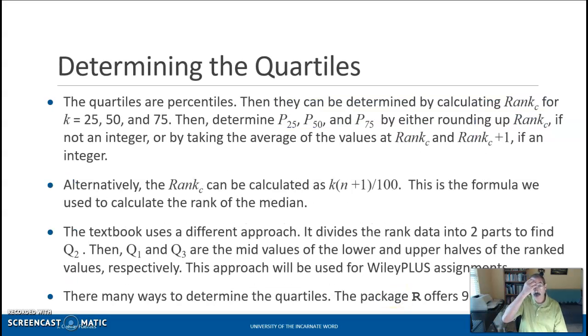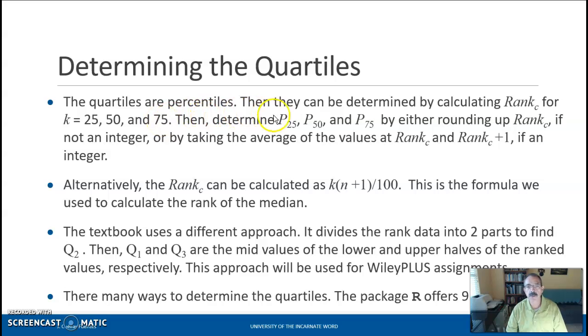All right, the quartiles are percentiles. Then you would think that they will be calculated using the same method that we used to calculate the percentiles, where we calculated the rank C for K equals 25, 50, and 75.